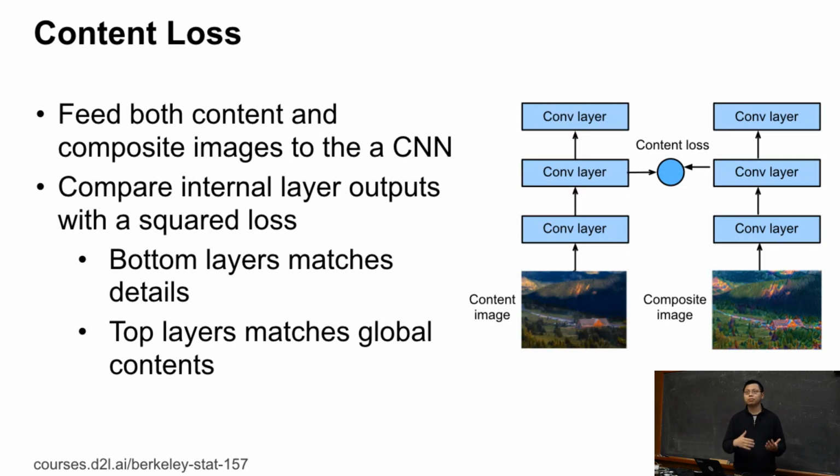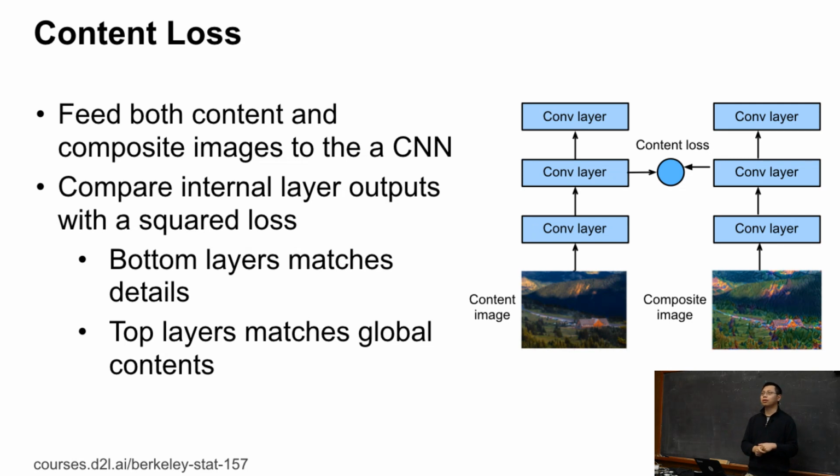So let's go through each loss one by one. For the content loss, we have a content image and the learned image, and we feed them into the same network. Here we have 3 convolution layers. We're not going to compare the learned image and content image directly, because that would just learn pixel by pixel.